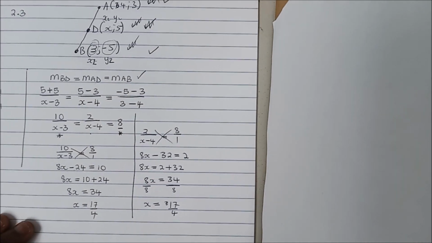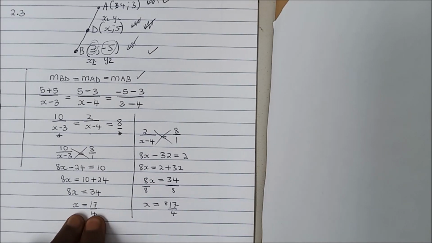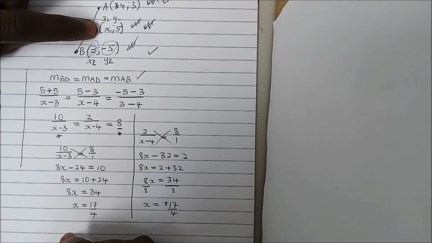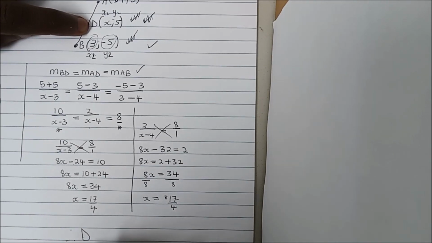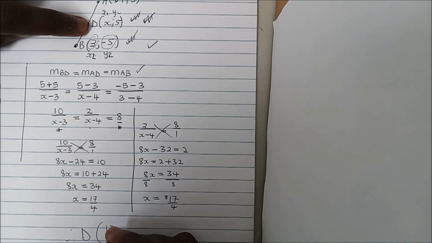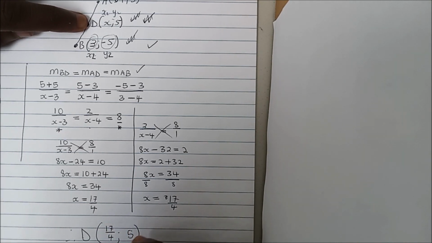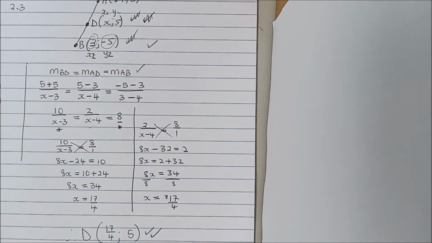So now, since we know the value of x, the coordinates of D is 17 over 4 and 5, because they gave us 5. So that's how you find the unknown if they tell you that the points are collinear.